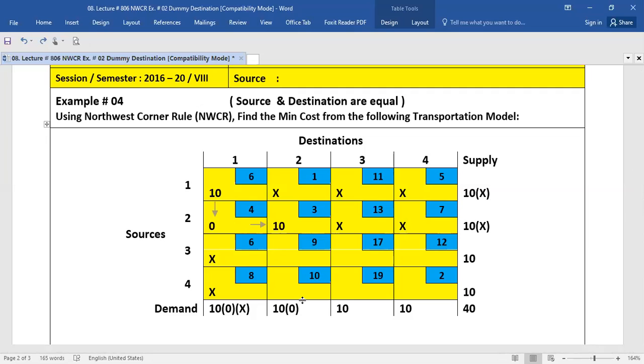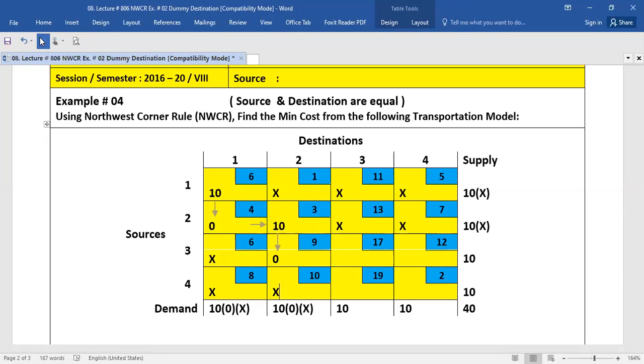So for continuing the question, we will move down as there is no empty cell. You will move down in this way and put 0. Here demand is 0. When there is demand 0, you will always put 0, and in that column, you will put cross in front of 0 and cross in its blank cells. Your next allocation is made with 0.